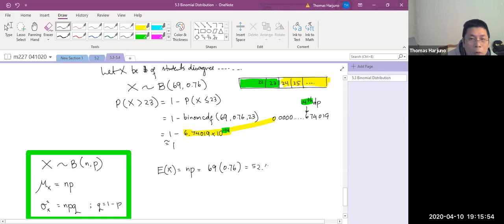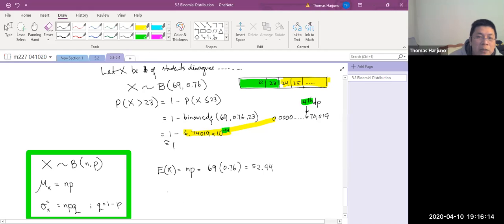Don't need to do rounding. But Thomas, the number of people who agree or disagree should not be 52.44. I know, but when it comes to average, it is okay to have such a decimal.